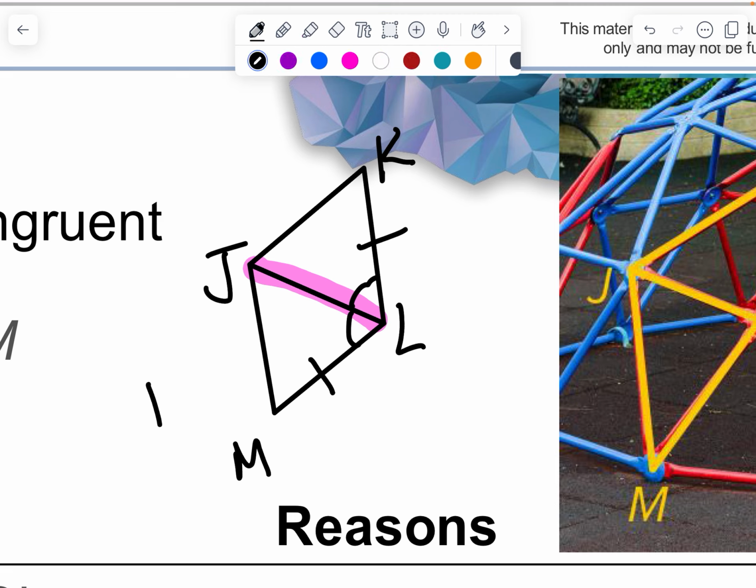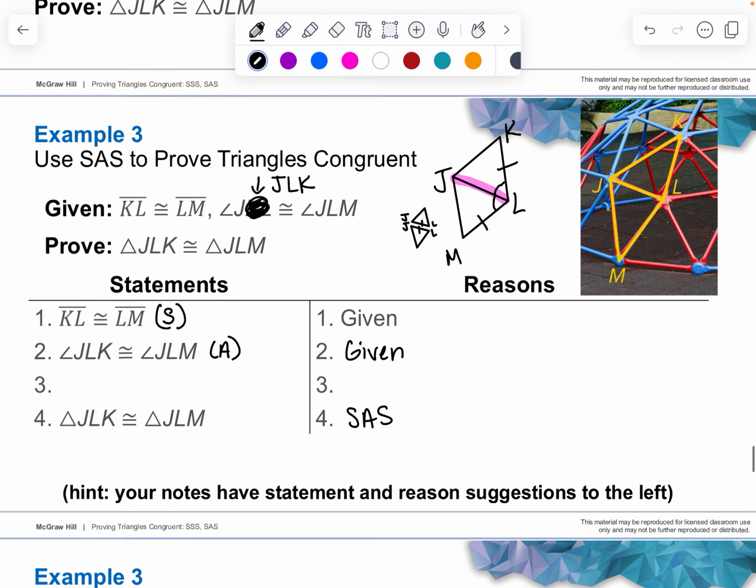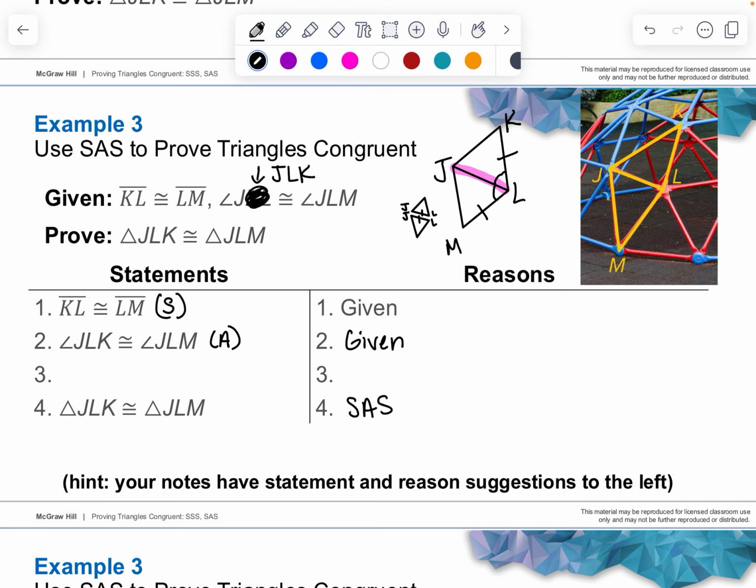If I was to draw this triangle down here and the other triangle up here, look at that. This would be JL and this would be JL. Same sides, same lengths, okay? So that's our other one. We need to write about that.